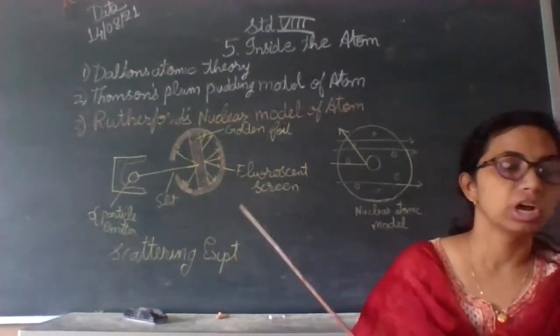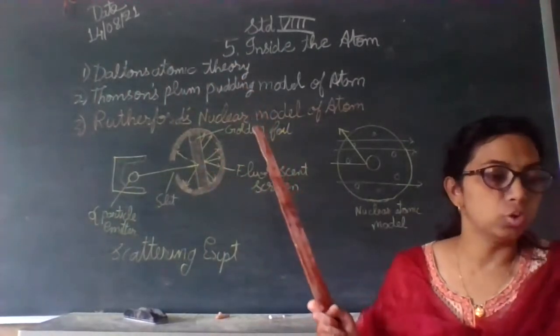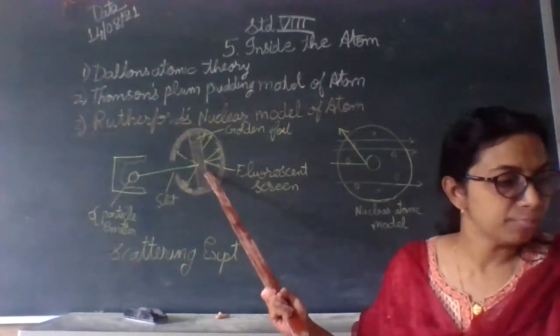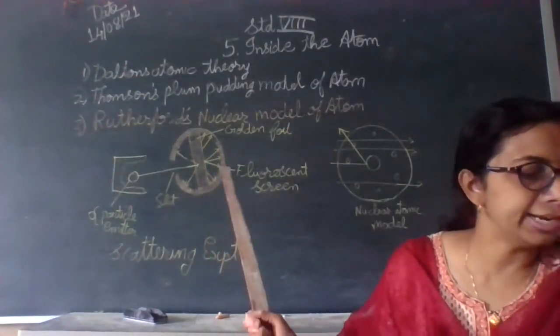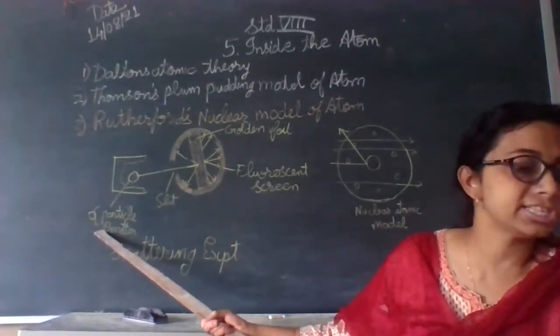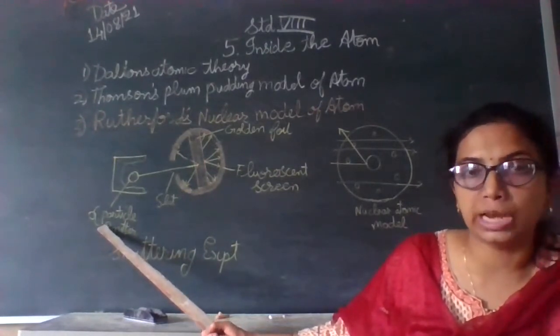Rutherford actually took a thin foil of gold. This is the gold foil he has taken. And he bombarded it with positively charged alpha particles which were emitted by a radioactive element.